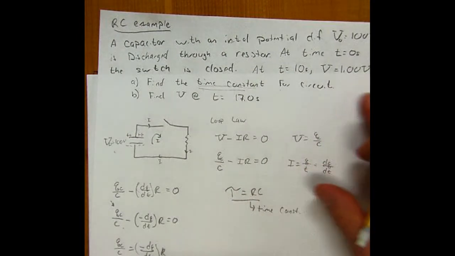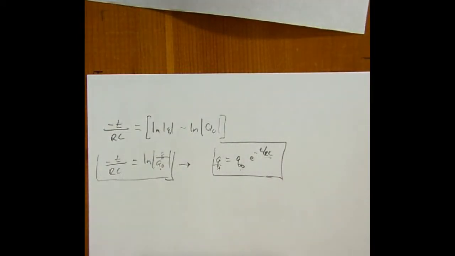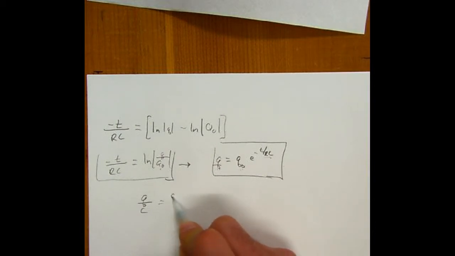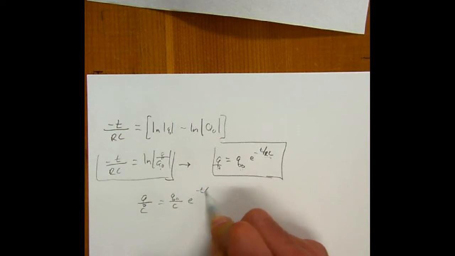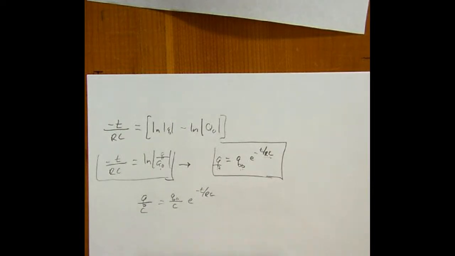So if I divided both sides by the capacitance, if I said Q divided by C is equal to Q naught divided by C times e to the negative t over RC, there's my time constant.